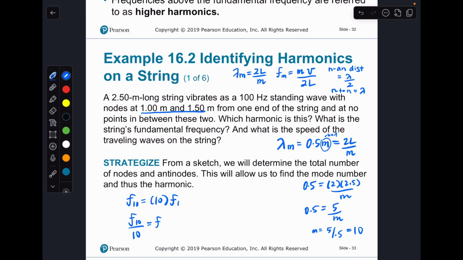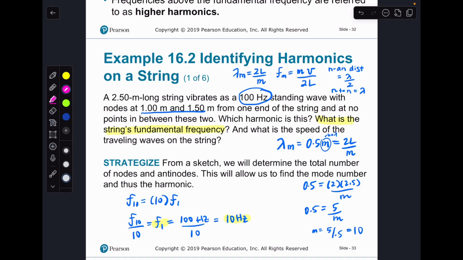That 10th harmonic is the 100 hertz, right? So the fundamental frequency is going to be 100 hertz divided by 10, which gives us a fundamental frequency of 10 hertz. So that's the fundamental frequency.